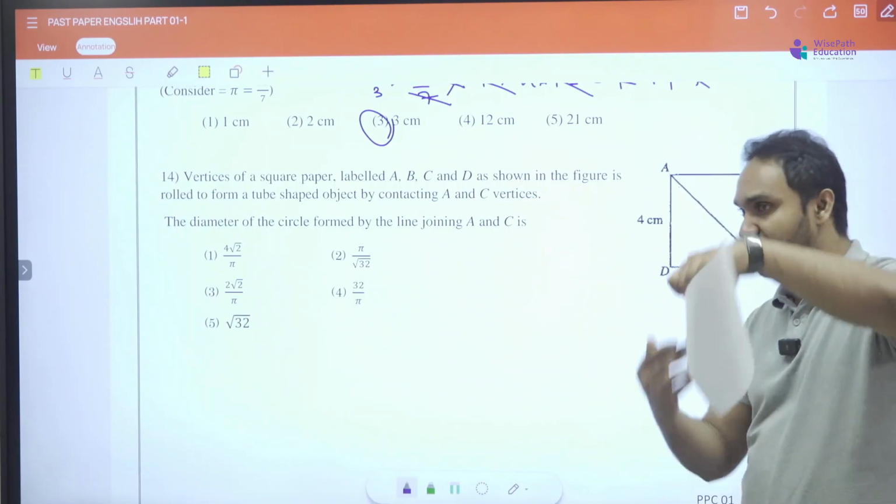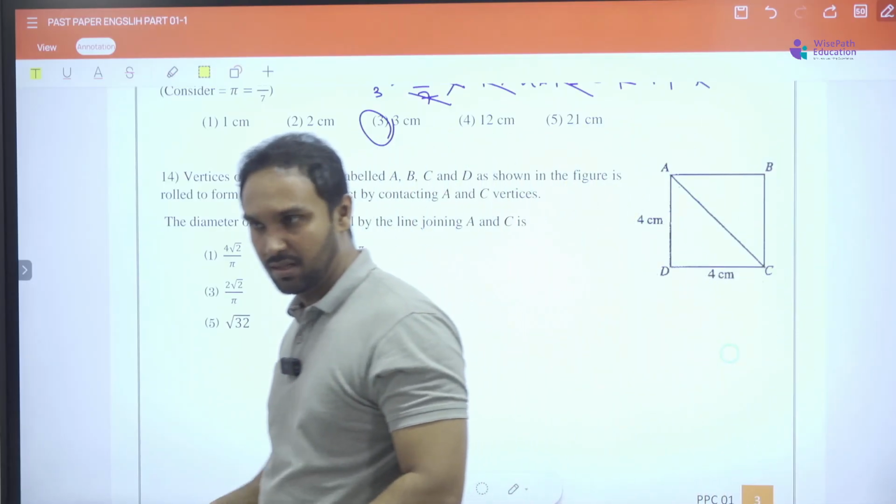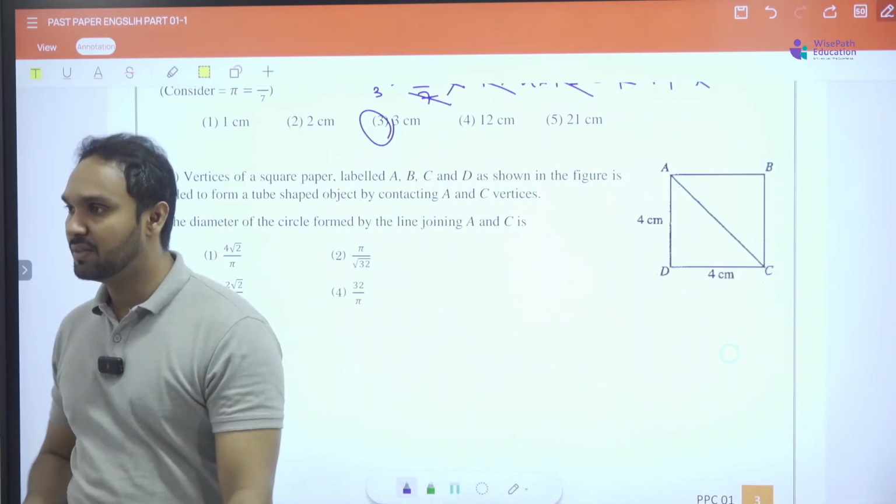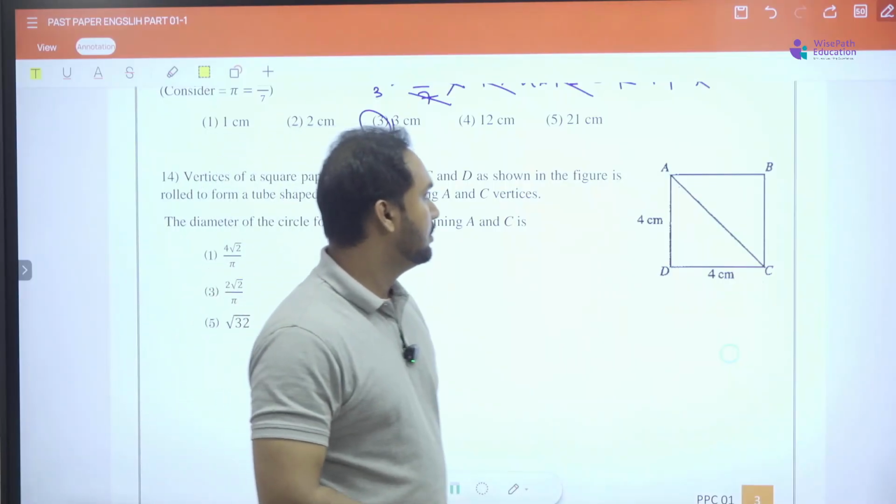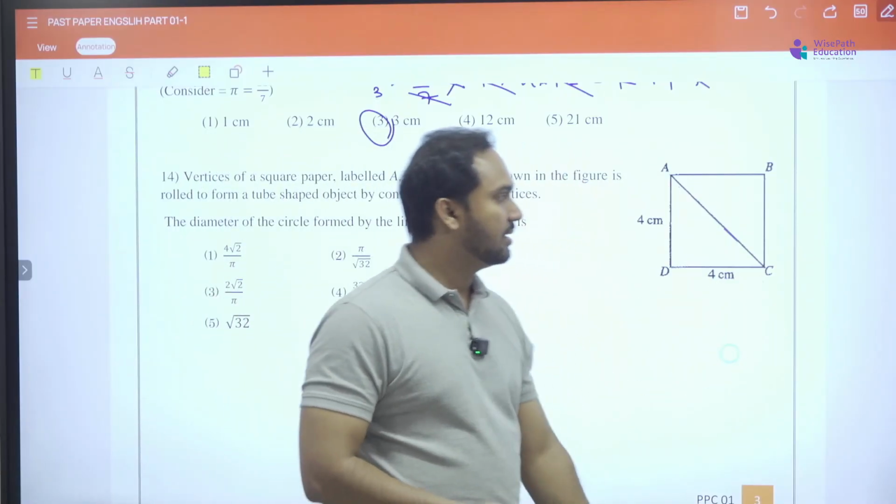It becomes the circumference. That is what you have to find. It becomes the circumference of the cylinder. So what should you do? You should first find the diagonal.